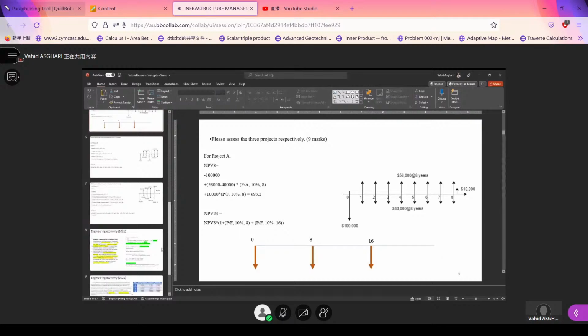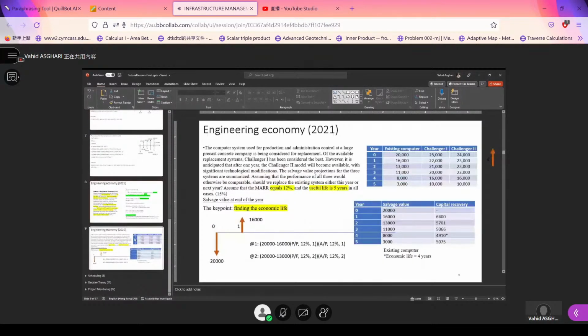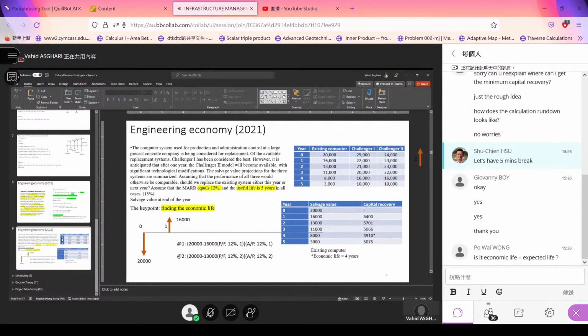Short answer is no. Economic life is like the year that equals the expected life.